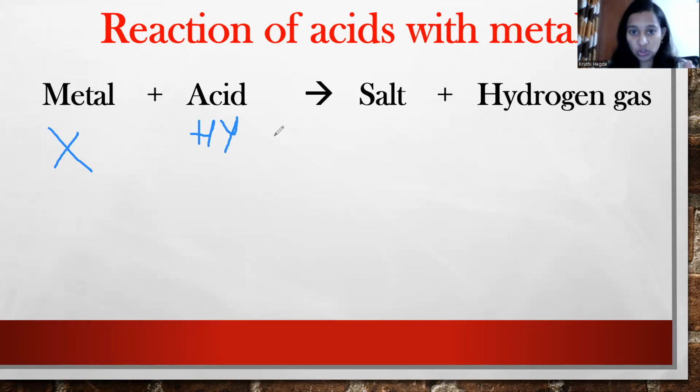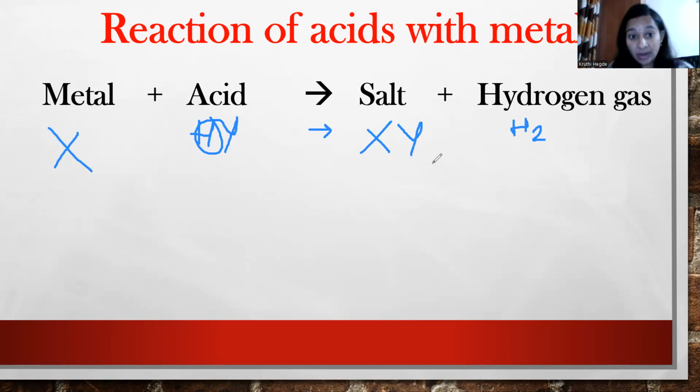In HCl, along with H there is Cl, chlorine, a non-metal present along with the acid. So it produces salt plus hydrogen gas. Hydrogen gas comes out as H2. What is the salt? After H goes out, what is left? X and Y is left, right? So XY would be the salt.